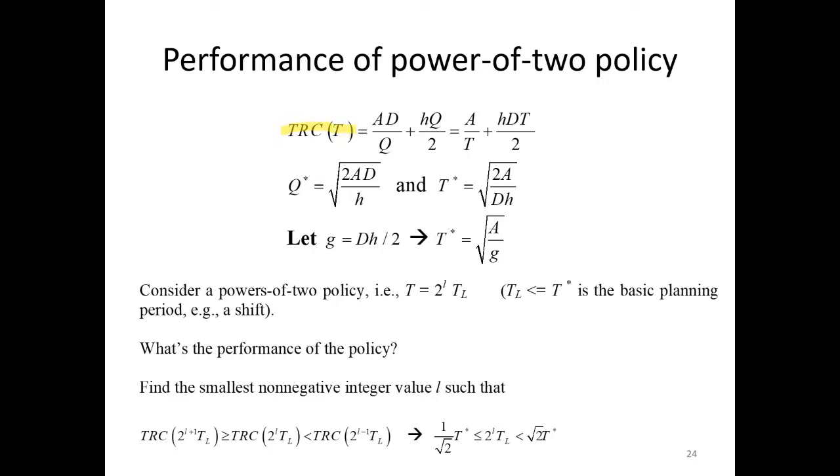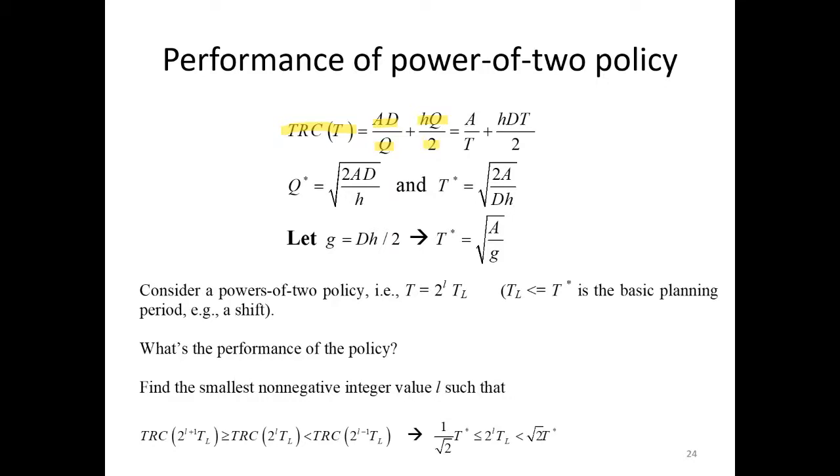Remember, when it was defined using the order quantity Q, it was expressed as such: AD over Q, that's for the total ordering cost per year, plus the average inventory carrying cost per year, which is HQ over 2.